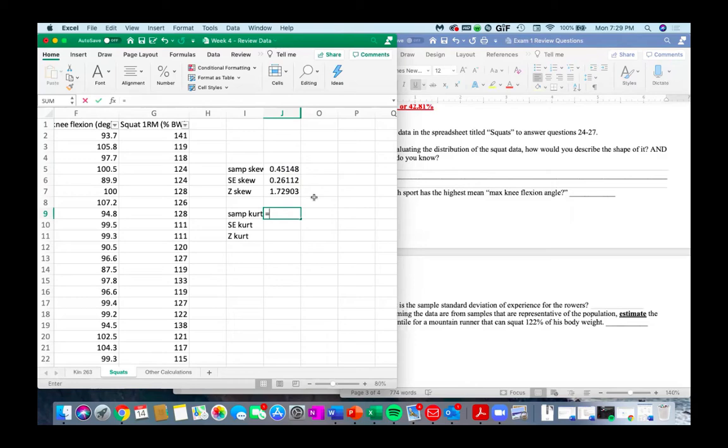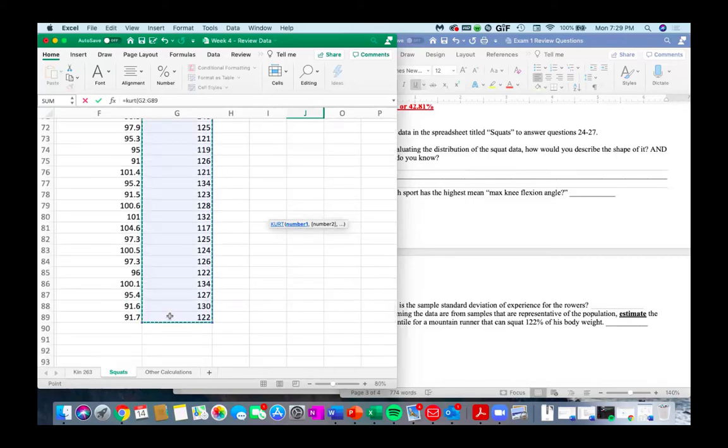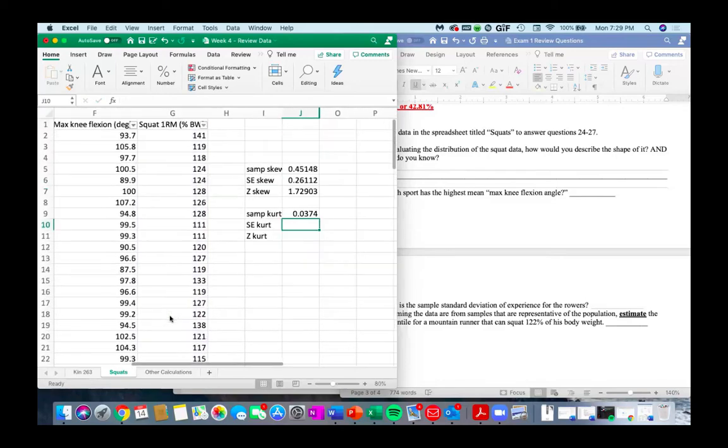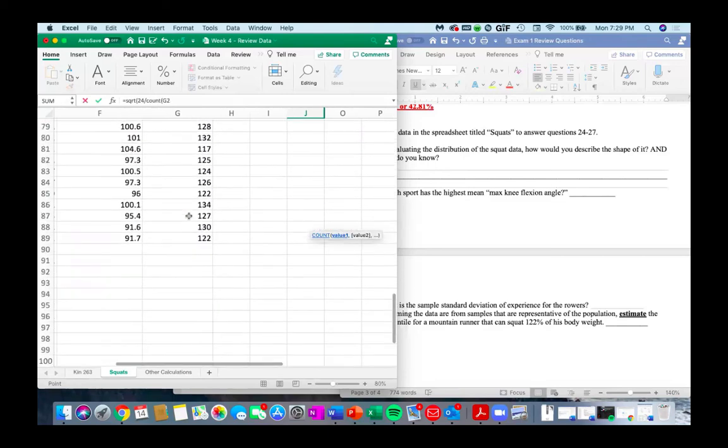Okay, so in terms of kurtosis, we're looking at the number of outliers we have. Square root of 24 is the constant for the kurtosis standard error, and then we're doing the same count function.